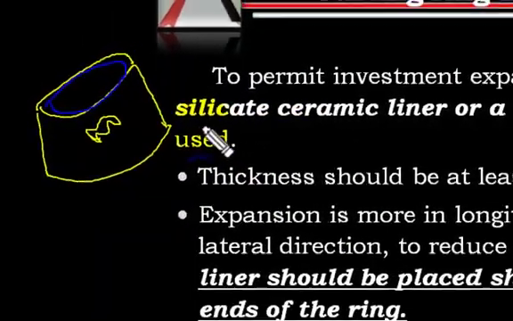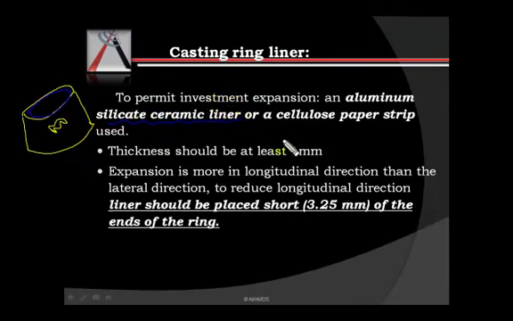This is nothing but silicate ceramic liner or a cellulose paper strip. So aluminum silicate ceramic liners or cellulose paper strips are used as liner inside the casting ring. The thickness of these liners should be 1 millimeter, and these liners hold water and provide the water necessary for the hygroscopic expansion.